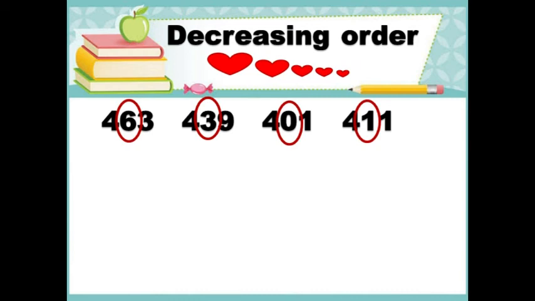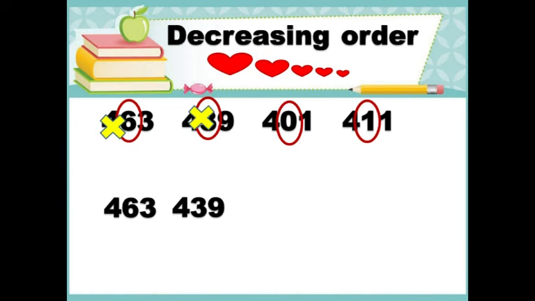So we write first the 463. Next, which among the three is the biggest number? Is it 3, 0, or 1? It's 3. Very good. So we write 439. So, another one, we have there 401 and 411.